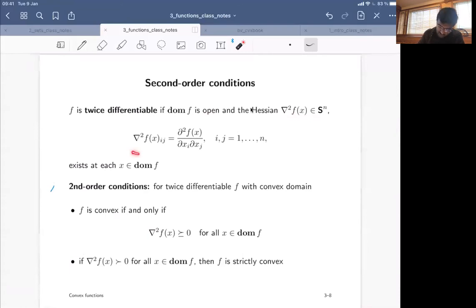The ij entry of this Hessian matrix will be the second partial derivative of f of x with respect to xi and xj.